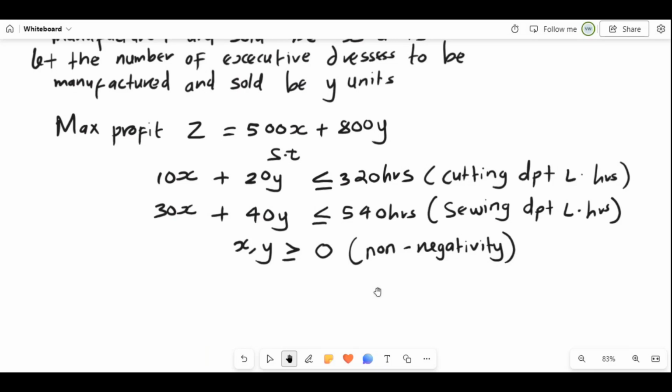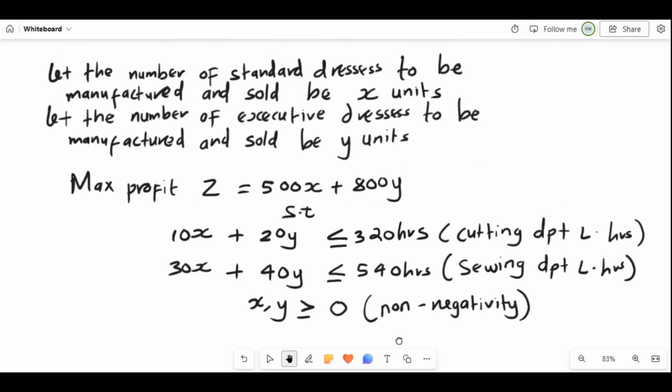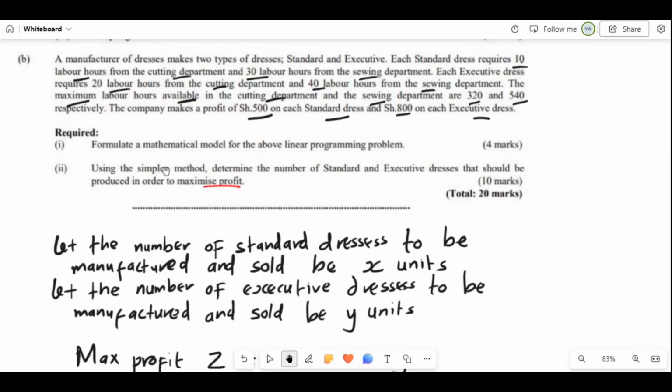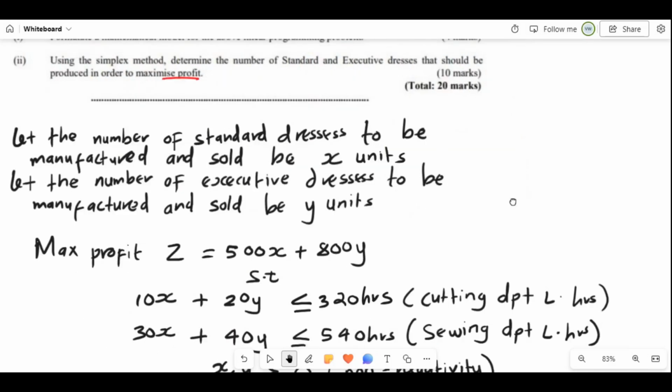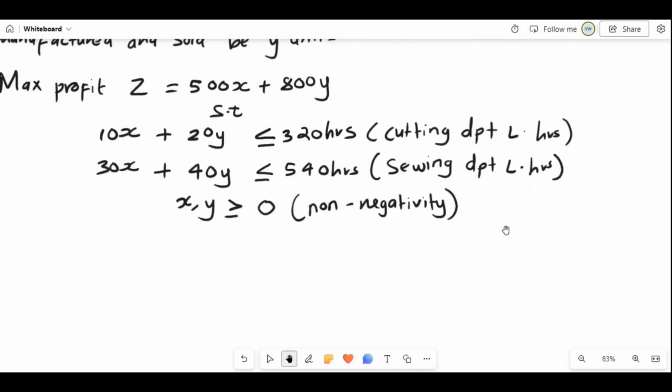So once we formulated the model, once we formulated the problem, the question now wants us to solve it using simplex method. And it wants us to determine the number of standard and executive dresses. So there are many ways of solving linear programming problem.